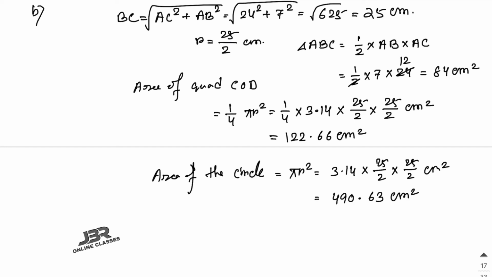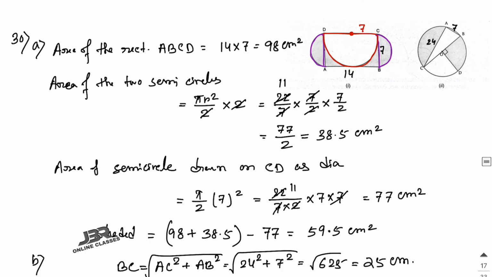Okay, so here the area of the shaded portion. For the shaded portion, first you have to write the area of the whole circle. Then you have to subtract this portion, the area of the triangle and the area of one quadrant.